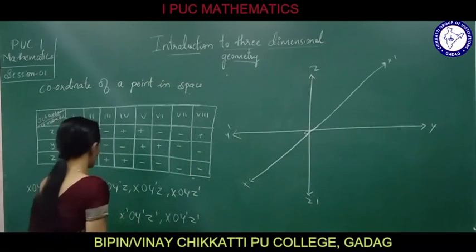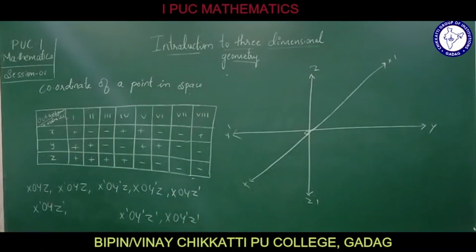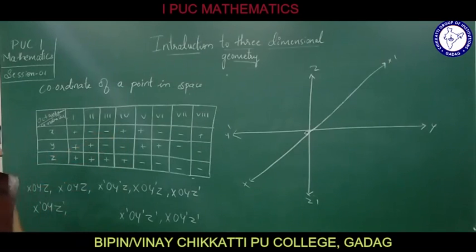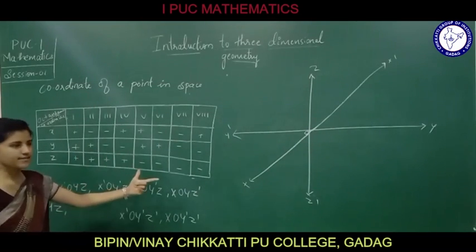These were supposed to be our 8 quadrants, right? See, in the first quadrant all the 3 are positive. In the second quadrant X is negative. In the third quadrant both X and Y are negative whereas Z is positive. In the fourth quadrant X and Z are positive whereas Y is negative. Like that, along with these 8 octants we have these signs.